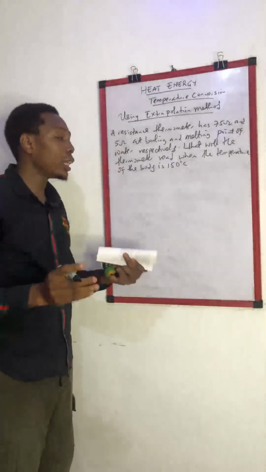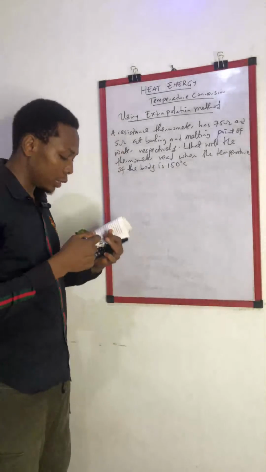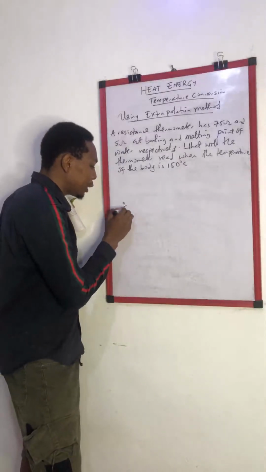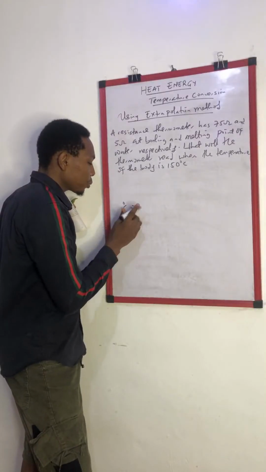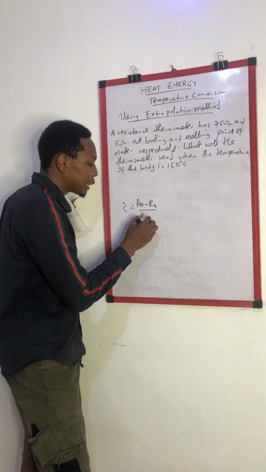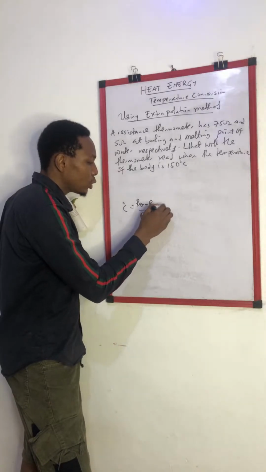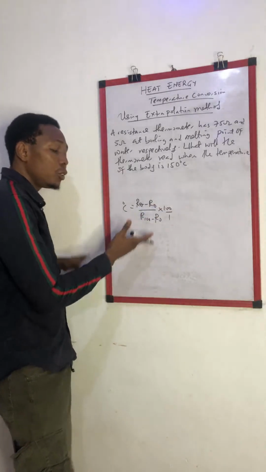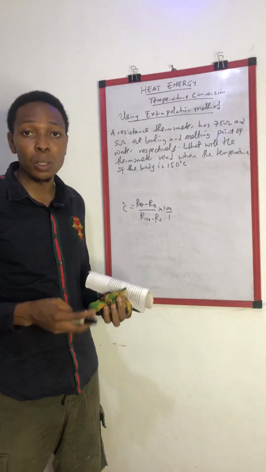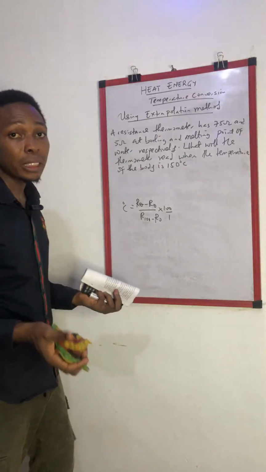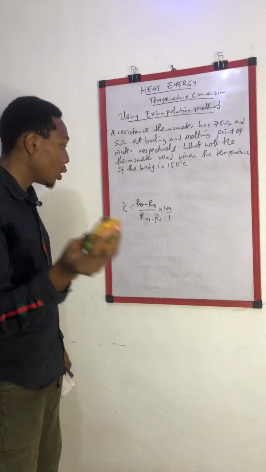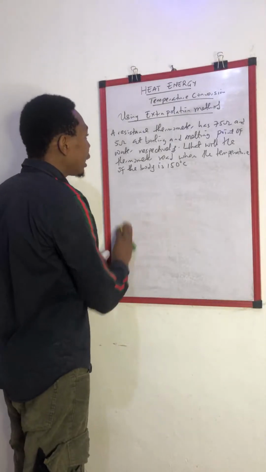Now, actually, you can solve this question in two ways. Using the resistance formula, normally it is degrees Celsius equals R theta minus R naught over R 100 minus R naught, times 100 over 1. If you use this and you use the extrapolation method, you still arrive at the same answer. The easiest one is the extrapolation method, which should be easier for you to understand.